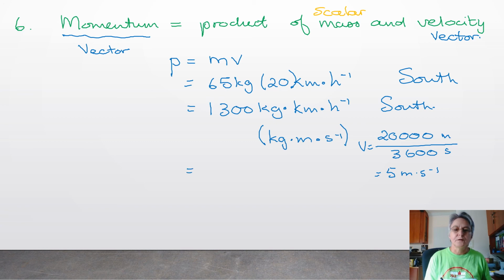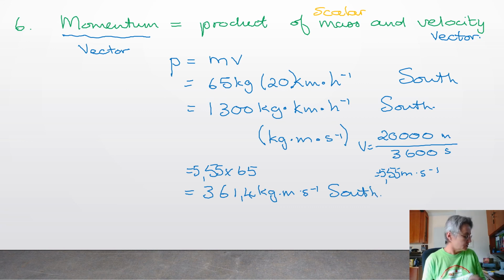Okay, so 5.56 times 65 will give you the momentum, so it is 361.4 kg meters per second south, because there is direction connected to it.